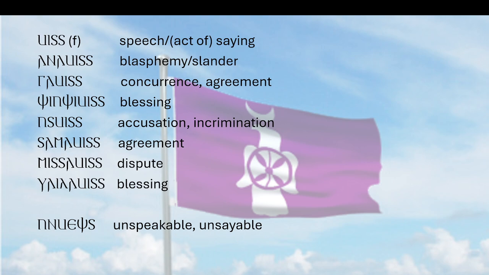Uskris, accusation or incrimination. Now this is an interesting case because, as we've just seen, uskrisan itself means proclaiming widely, to declaring publicly. But when it's turned into a noun, uskris, it has a completely different meaning.